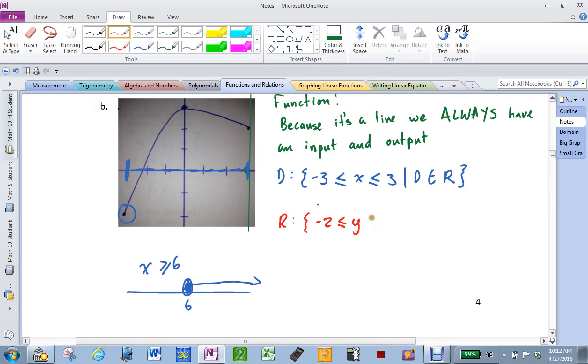And then it has to be less than or equal to 3. Why is it 3? The graph goes to here. Because we only care about the y-axis when we're doing range. Is there a restriction?